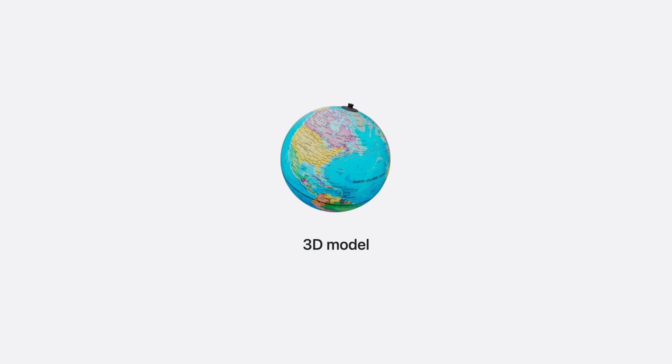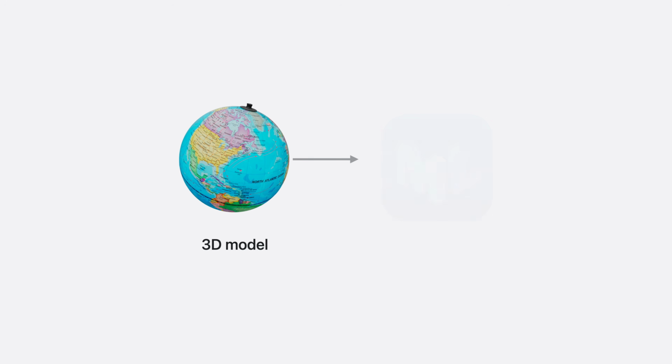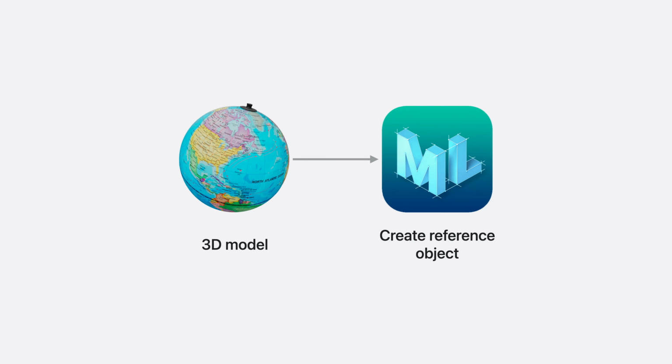To have ARKit track these items for you, you'll need to supply a set of reference objects. Reference objects encode spatial features of known real-world items. To make a reference object, you'll first need a 3D model of the item you want to track in a USDZ format. Then, you can use CreateML's new spatial object tracking feature in order to generate a reference object from your asset.